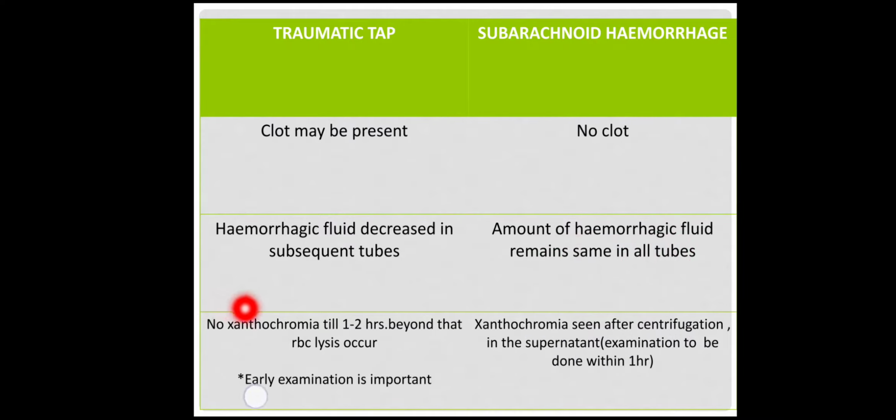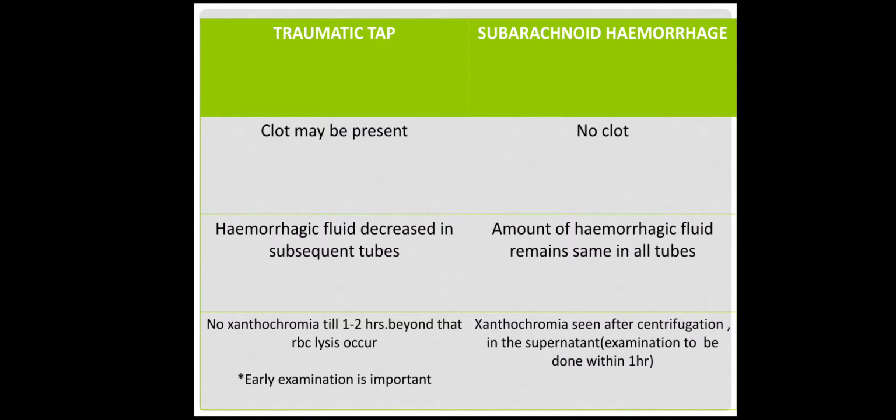Now, lastly, there is no xanthochromia in case of traumatic tap in the initial 1 to 2 hours. That means if we centrifuge that CSF and we see the supernatant, it will be clear till 1 to 2 hours. After that, RBC lysis will occur and again we can see xanthochromia in the supernatant.